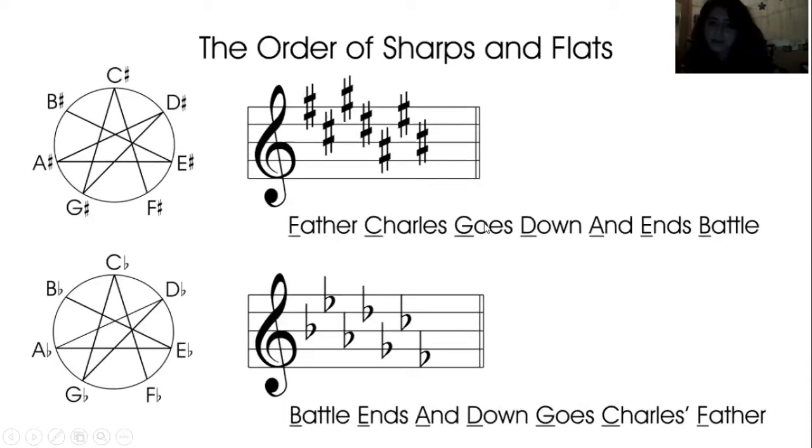Father Charles goes down and ends battle. This is for ascending fifths, which means for sharps. And for descending fifths, it means flats. It's battle ends and down goes Charles' father, right?